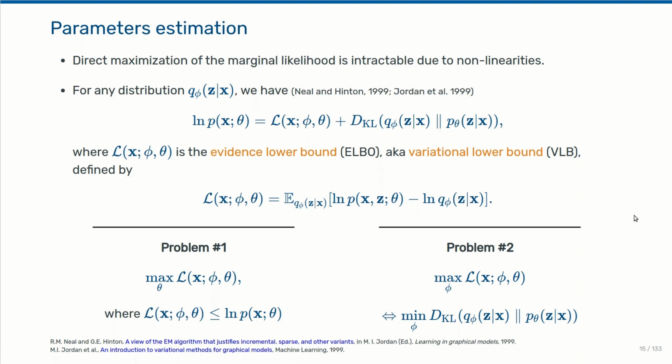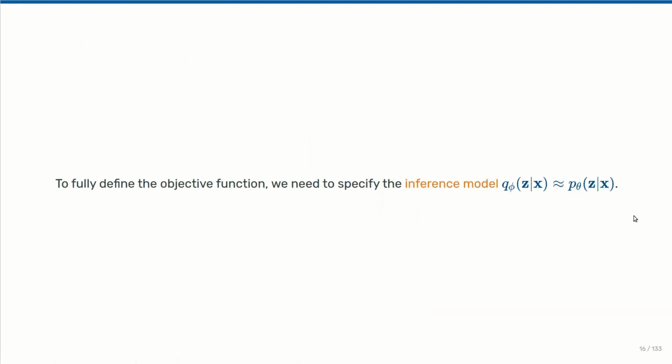So now, in order to fully define the objective function to optimize, we need to actually define this inference model or approximate posterior distribution Q phi.